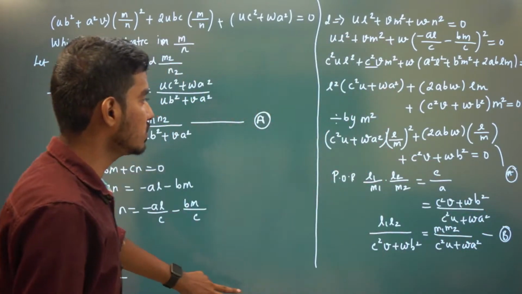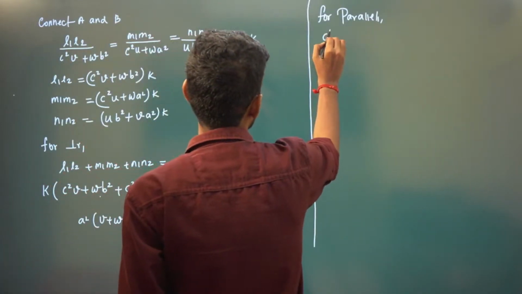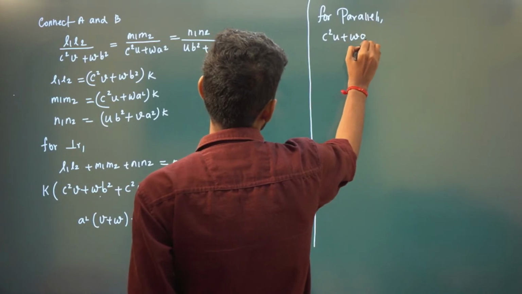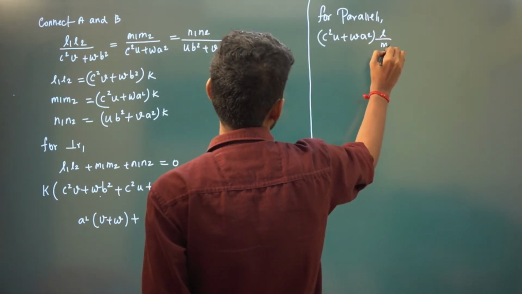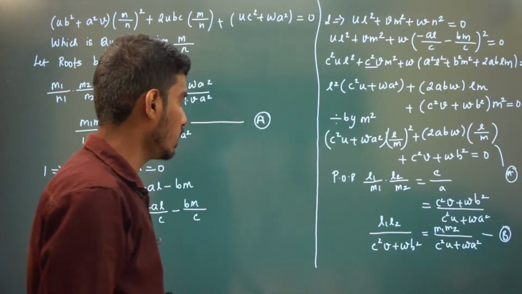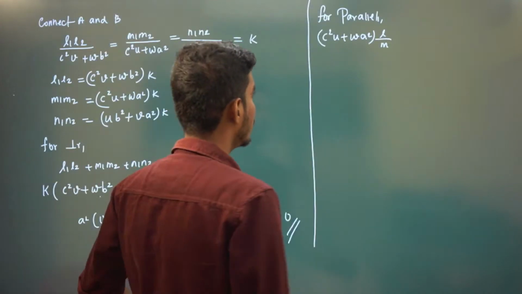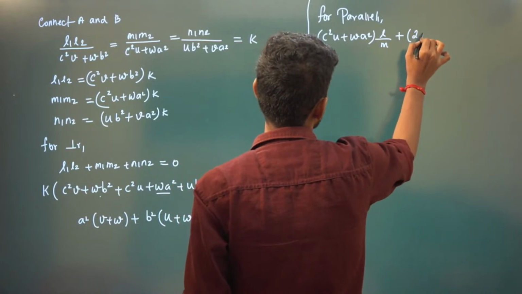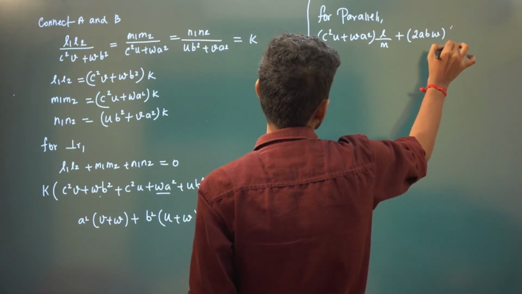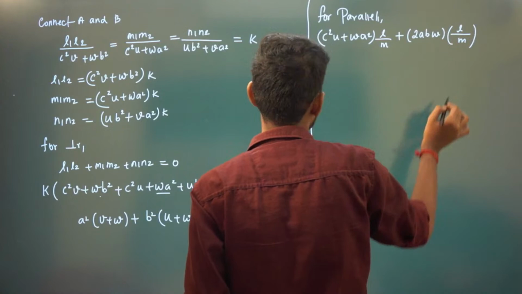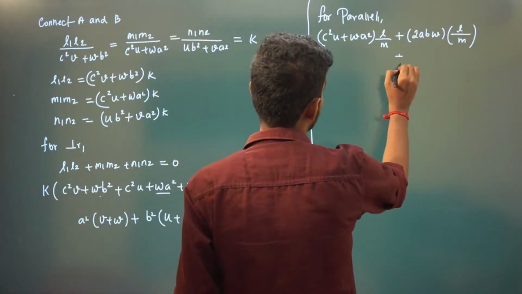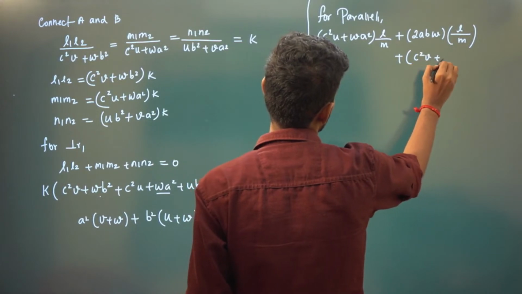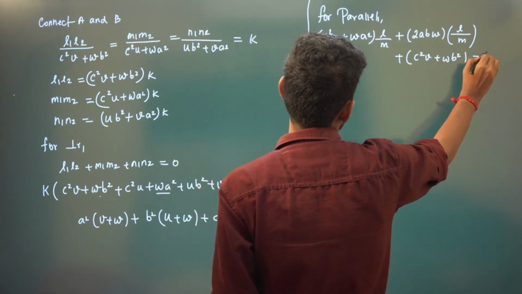So from star we have c square u plus w a square, l by m whole square, plus 2abw l by m, plus c square b plus w b square is equal to 0.